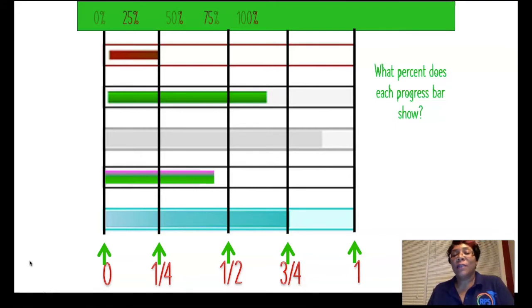So let's just estimate. If we look at the burgundy line, that one's very simple because it's directly on the line. We should have what? 25%. The green line, if we estimate where it will be, let's try it, 67%. Well, it might be a little bit difficult to see the white line, but I'm going to say around 87, 88 maybe, 88%.